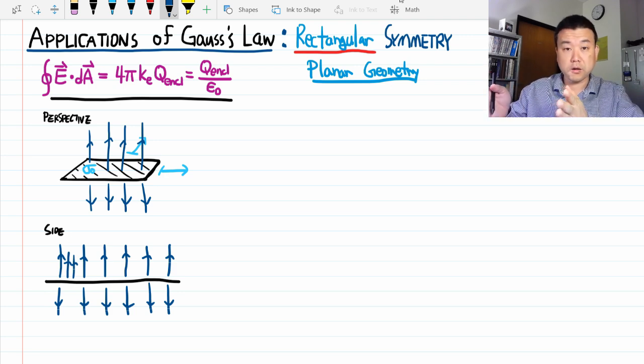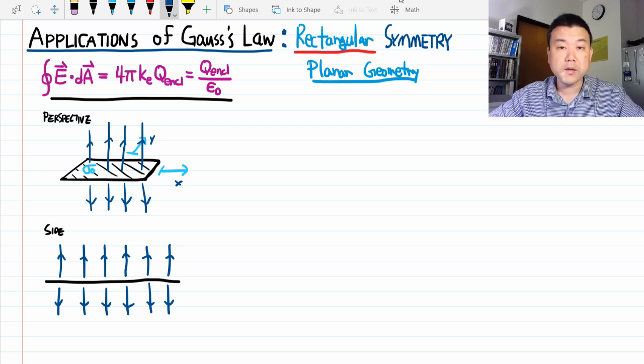You translate the whole system, the charge distribution doesn't change, but this special region would need to move. So the electric field as a function of x or y is constant. That's the only way you can obey the translational symmetry.